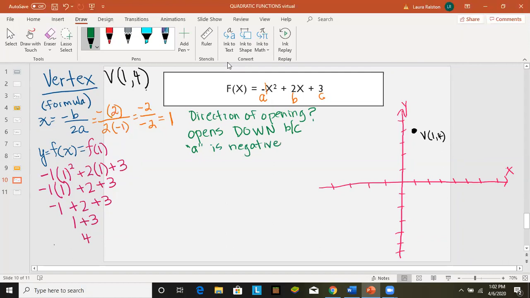That's how I know that it opens down. So eventually, I don't know exactly where, but eventually this parabola is going to be turned upside down on its graph.